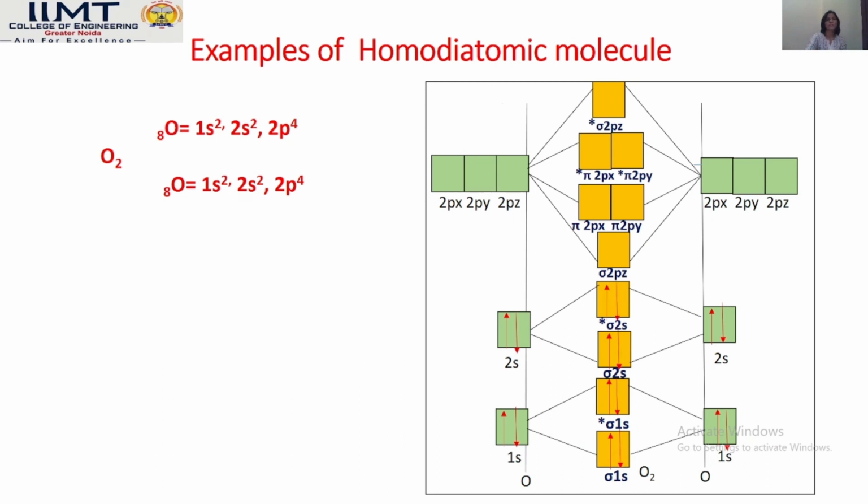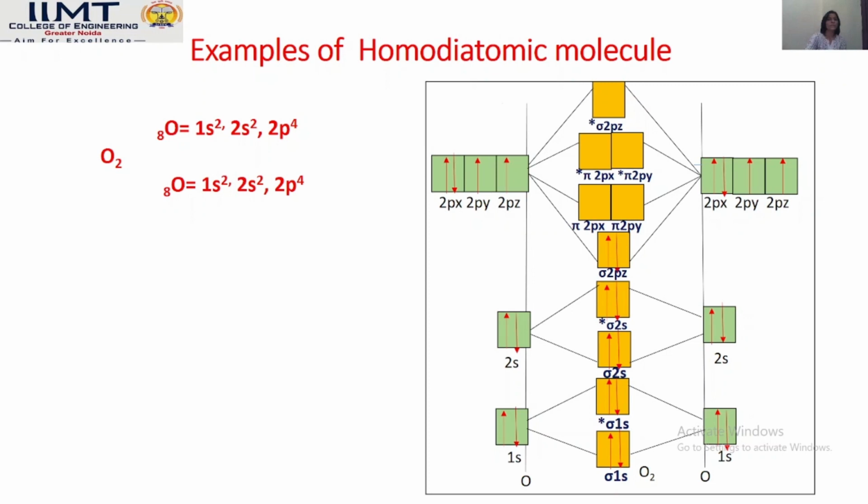The p orbitals of oxygen contain 4 electrons. Now electrons are first singly occupied in 2px, 2py, 2pz. Now pairing is going to start in the same manner. Now electrons are going to fill sigma 2pz.